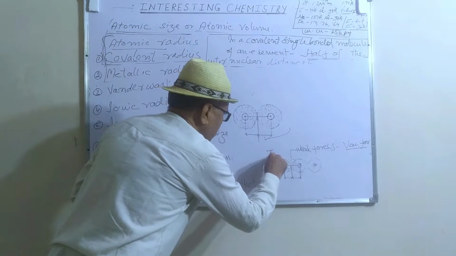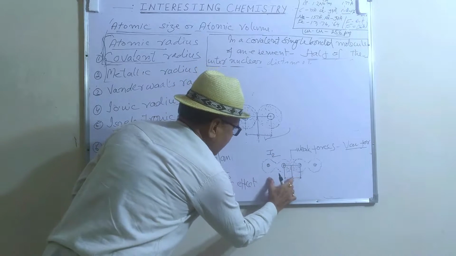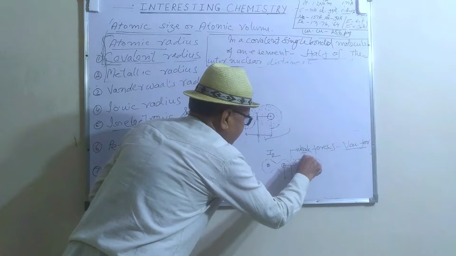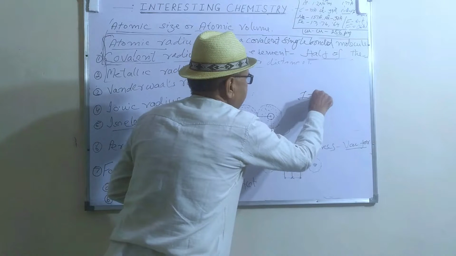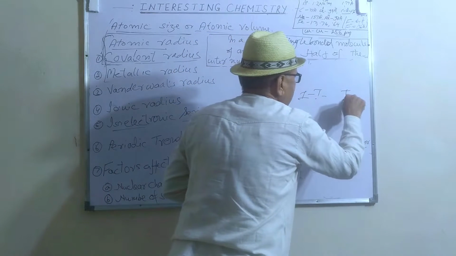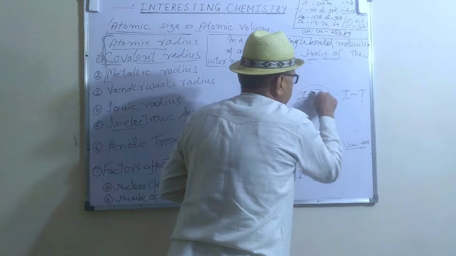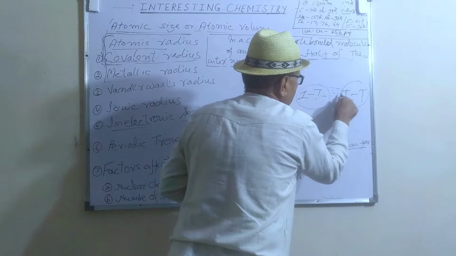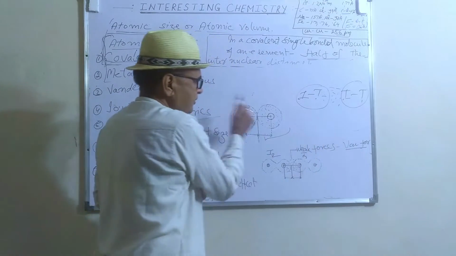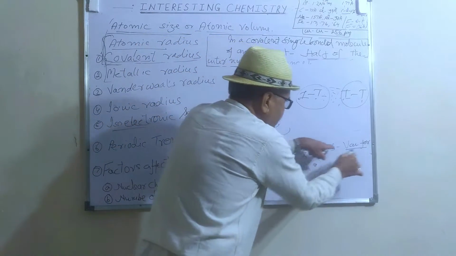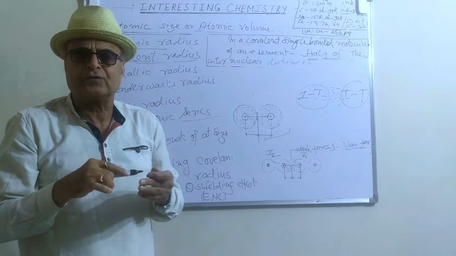This molecule is I2 and this molecule is I2. So these are the I and this is I. Both the molecules are attracted to each other due to the van der Waals forces, very weak forces.